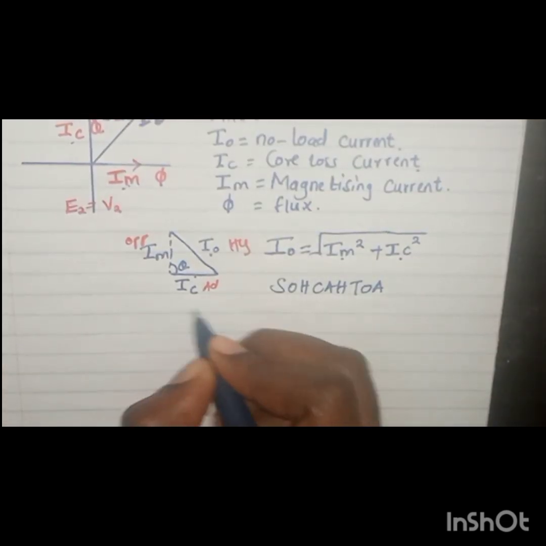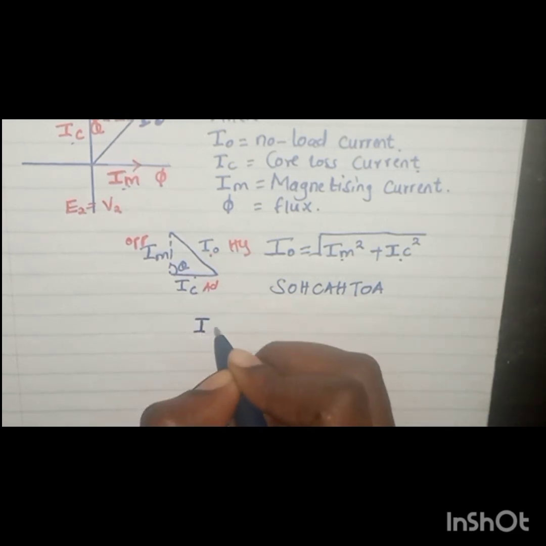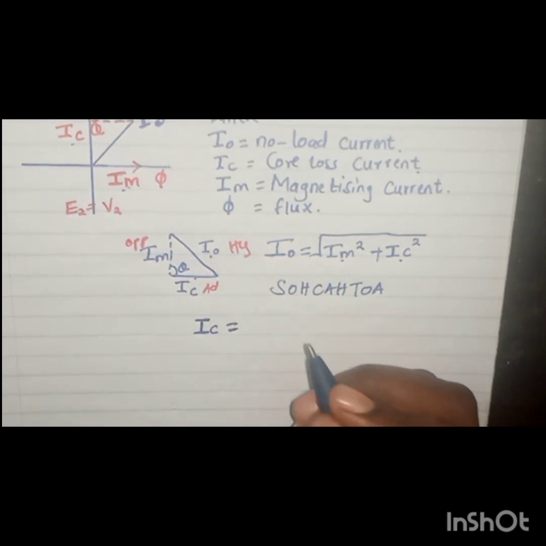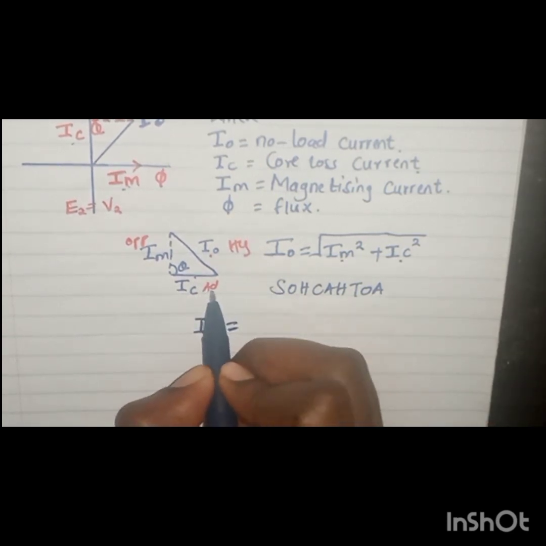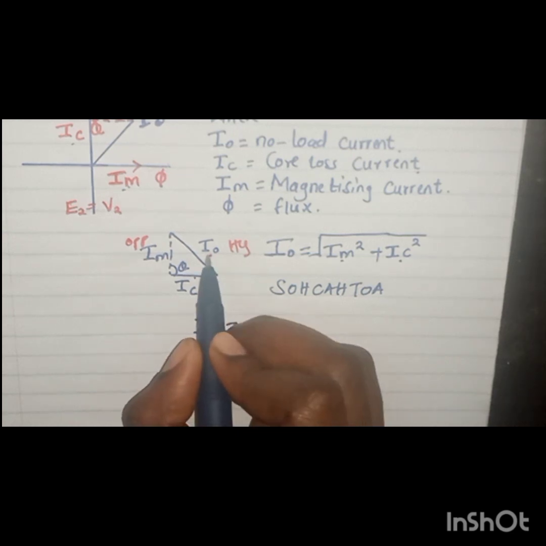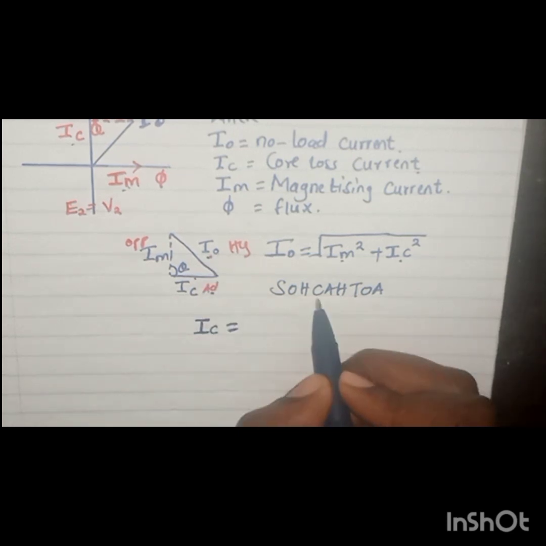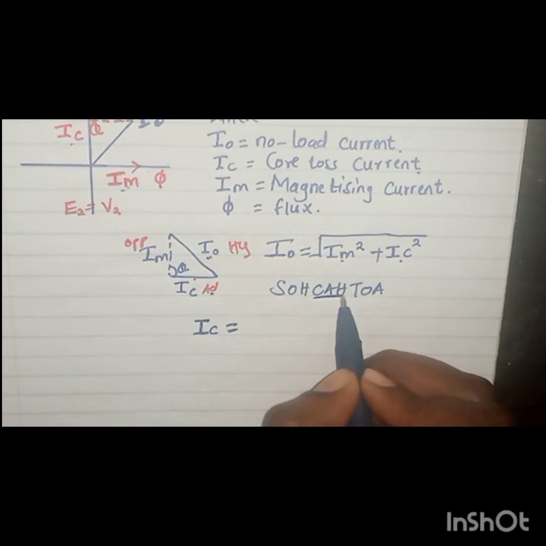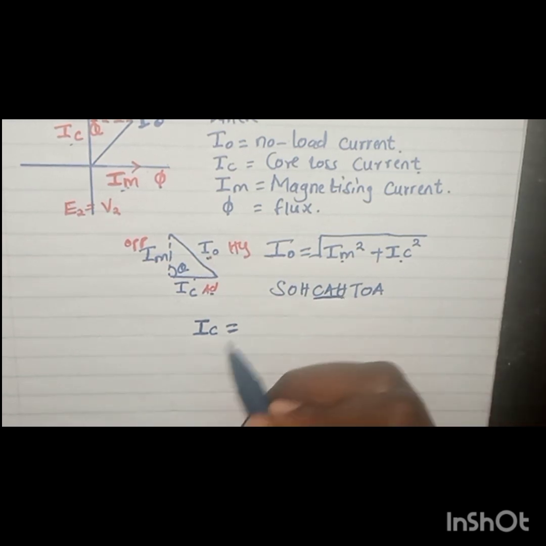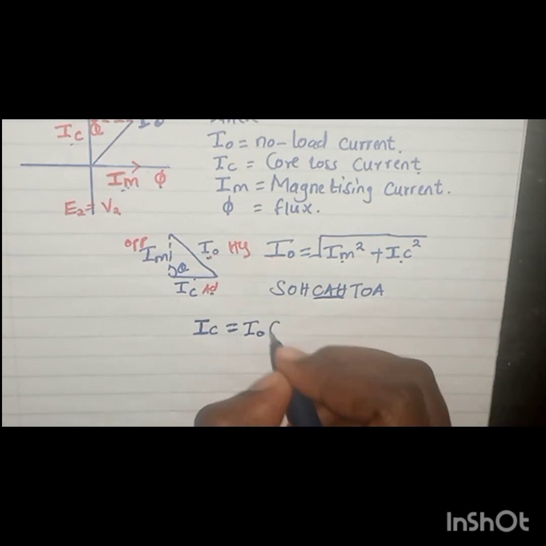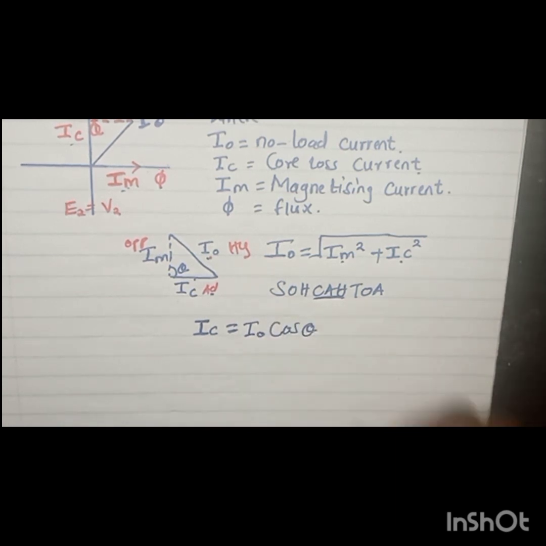So if I want to get IC, because for IC we have the adjacent and I have the hypotenuse, I can use the cos. So I'll have IC as I naught cos theta.